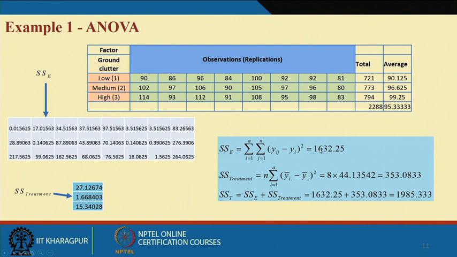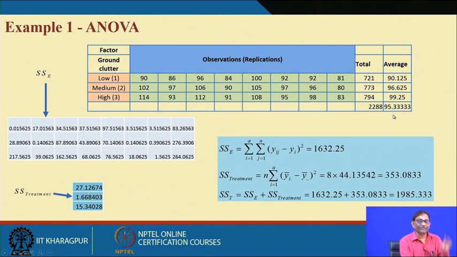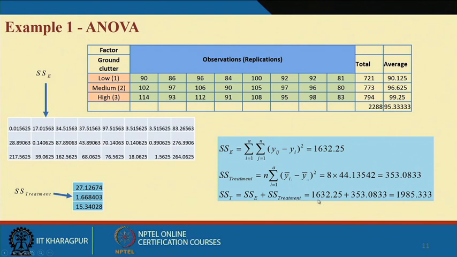We use this formula and get SSE equal to 1632.25 and SS treatment coming to 353.08. For example, y_ij is 90 minus the grand average 95.33, squared, then 86 minus this, and so on. Every observation is subtracted by the grand mean and squared, and when you take the total you get this value.